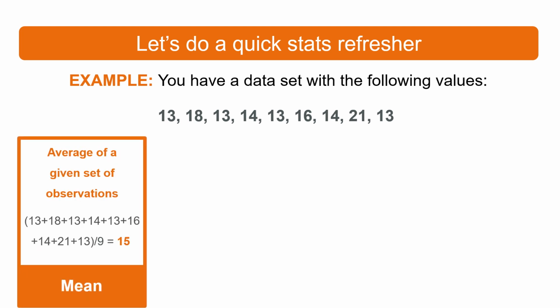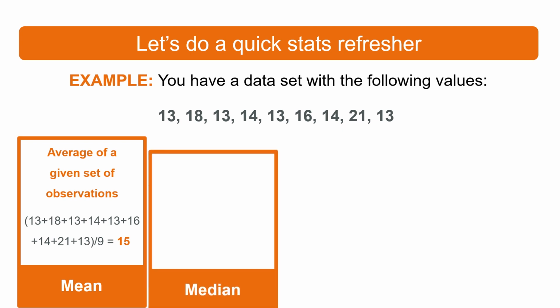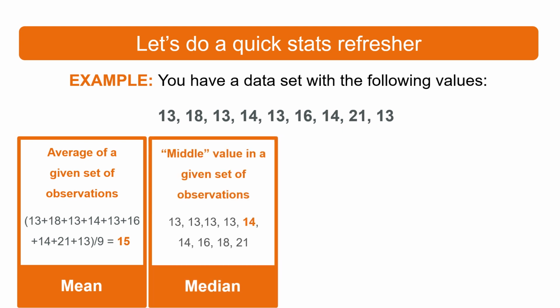First, the mean, which is the average of a given set of observations. For this data, that would be 15. Next is the median, which is the middle value of a given set of observations when they are ordered from lowest to highest value. For this data set, that would be 14.